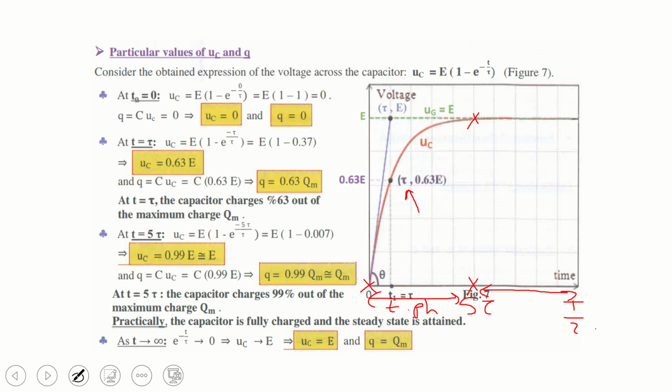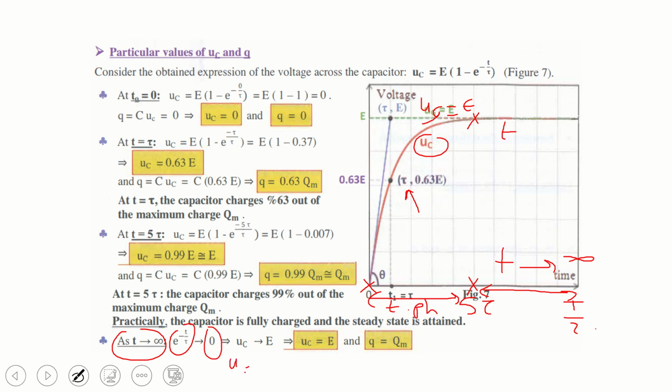Actually, the voltage UG equals E is an asymptote for the function UC. So when the time tends to infinity, exponential minus t over tau, or exponential minus infinity, tends to 0.